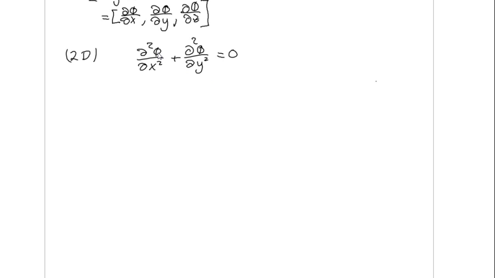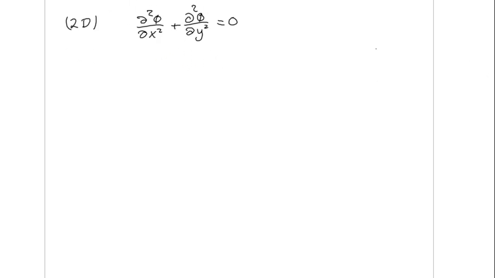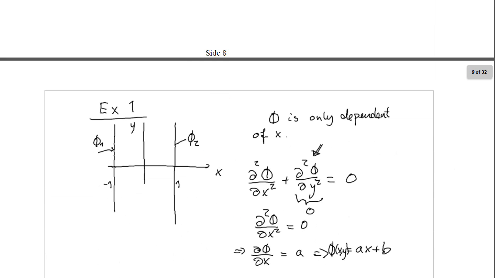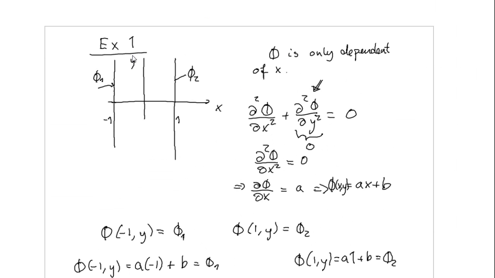We are going to consider the most elementary example of such a problem, the electric field in a capacitor. So example 1 is devoted to this. We have a capacitor where there is a constant potential along this vertical line.